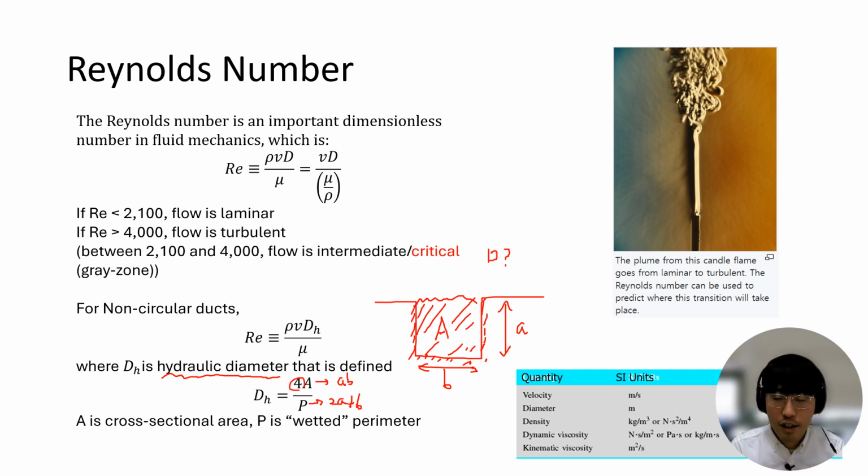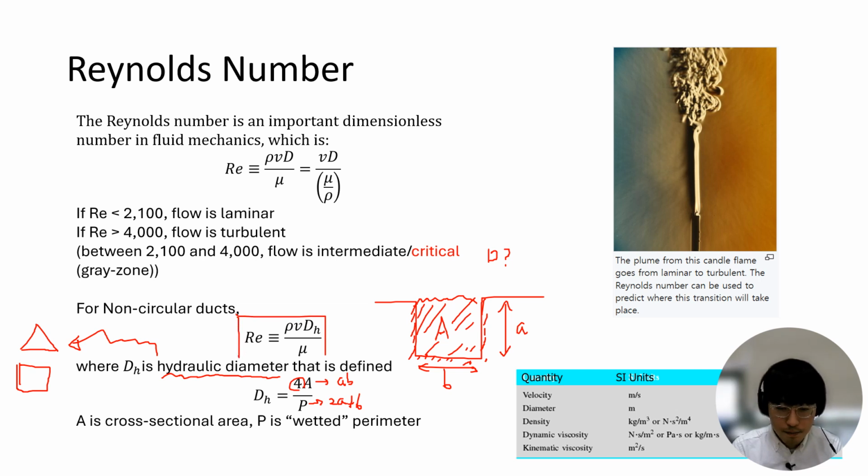So that's going to be the equivalent diameter of this open channel case. And of course, if the pipeline is like a triangle or a square, which may not be the common case, then we can also calculate the hydraulic diameter in such a way so that we can use that hydraulic diameter to get the Reynolds number.